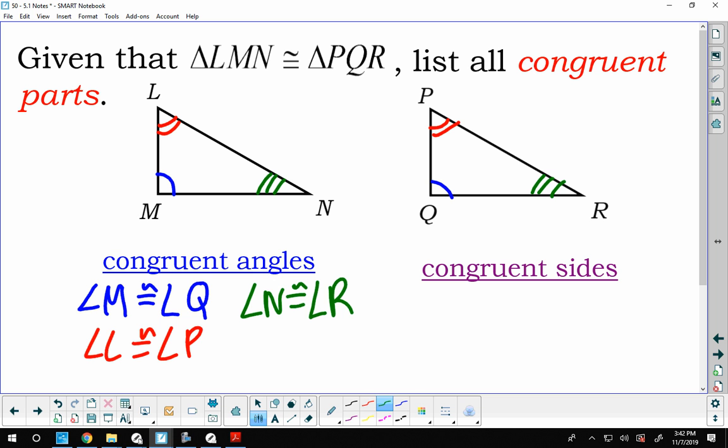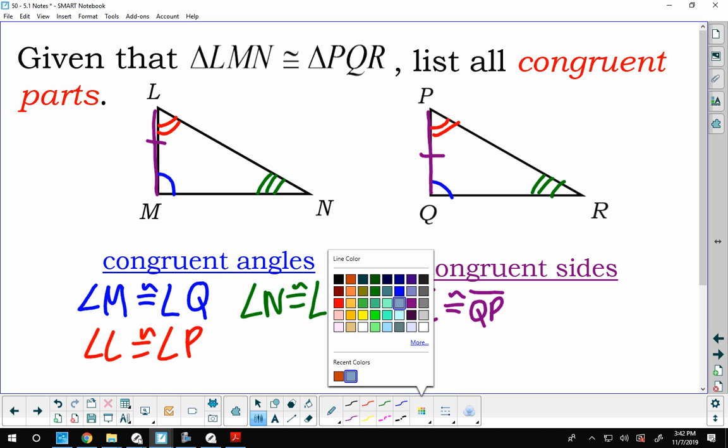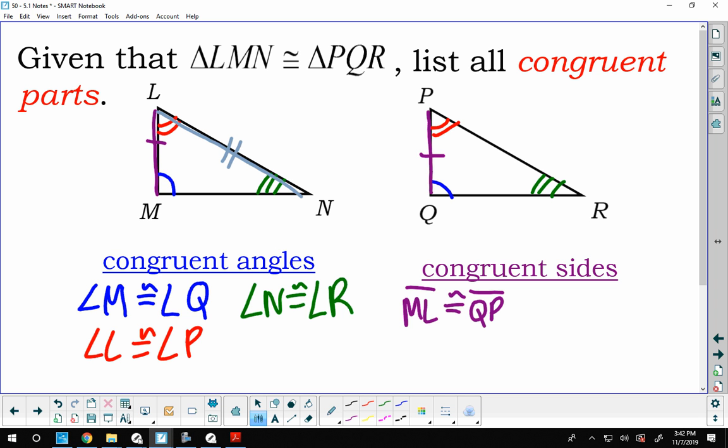And now let's do the sides. So side ML is congruent to side QP with the segment bar over the top because they are segments. Side LN is congruent to side PR because they match up.